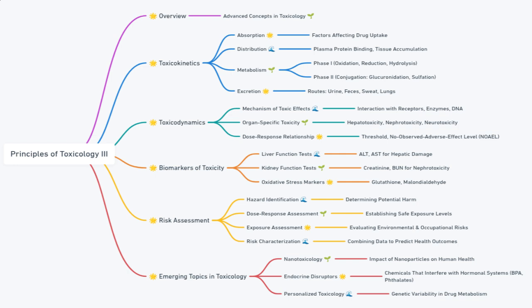Functional or physiological antagonism occurs when two chemicals produce opposite effects on the same physiological function. For example, the use of IV infusion of dopamine to maintain perfusion of vital organs during certain severe intoxications characterized by marked hypotension. So that's functional or physiological antagonism.